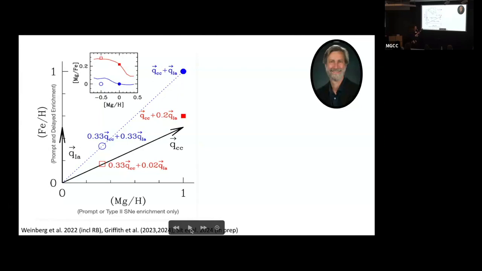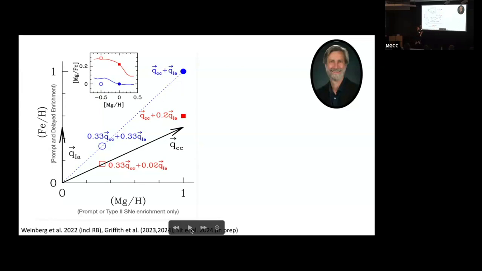What's also cool is you can fit these contributions to multiple abundance patterns. So not just magnesium, but the other 12 or 15 elements in Apogee, because we know some of them move together and some of them don't.